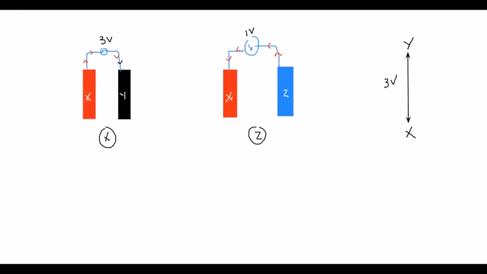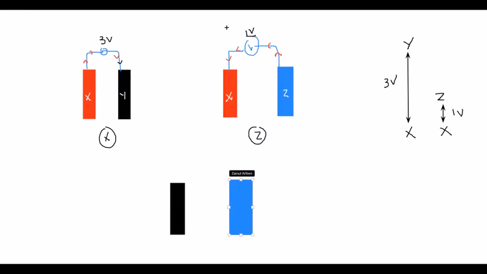Between X and Z, Z is more reactive, but only 1 volt means a small difference in the reactivity. This is 1 volt.